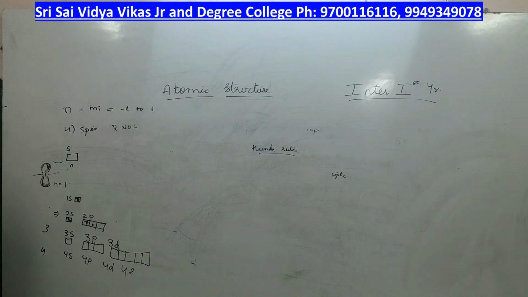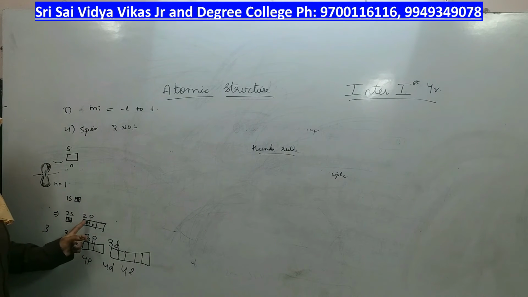Hund's rule says, unless you give one electron each to every orbital inside the same subshell, these 3 boxes belong to the same subshell of P, right?